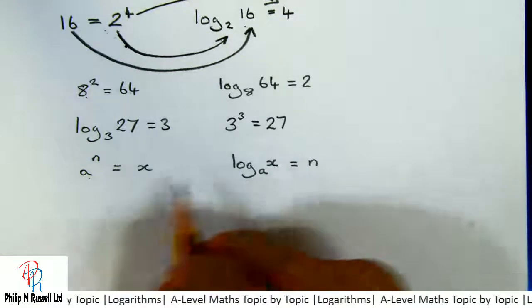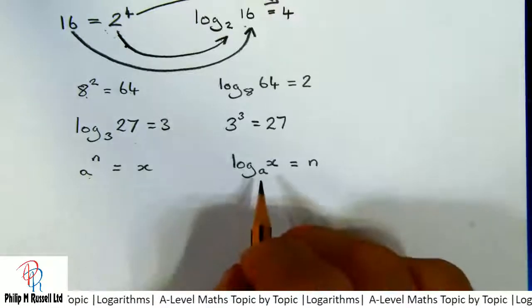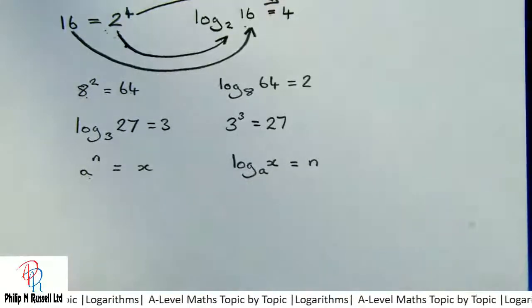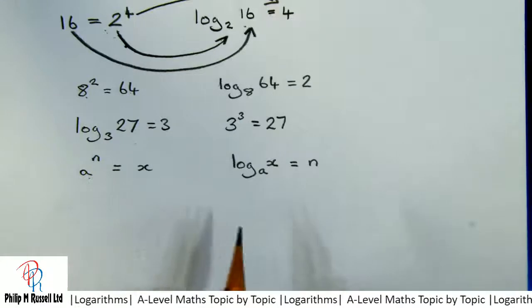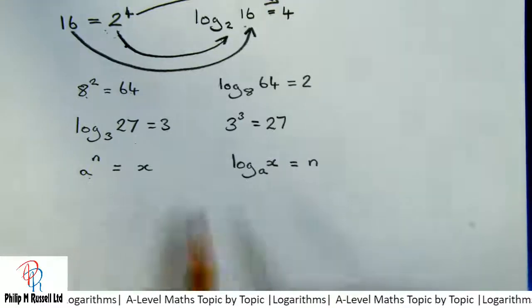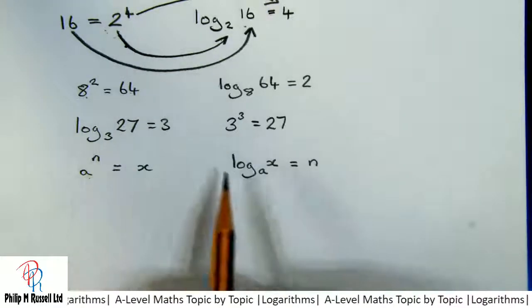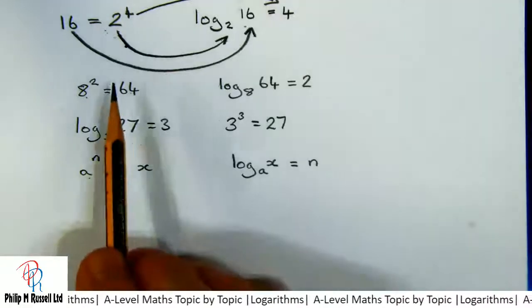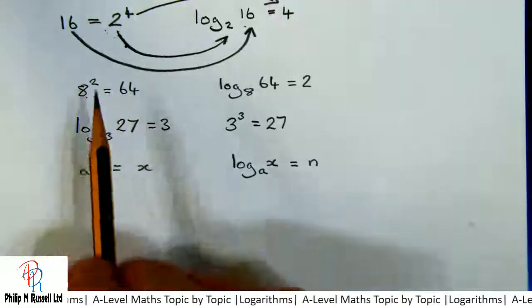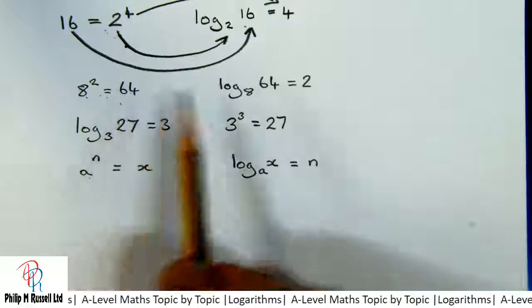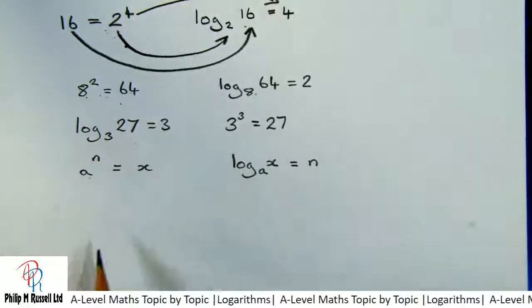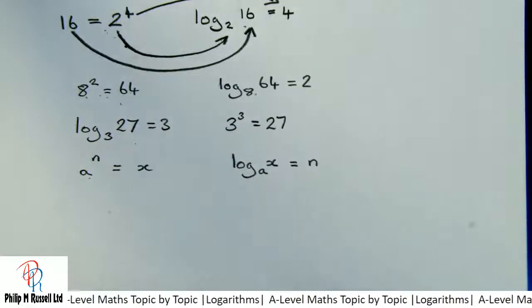And we just write these down, and you've got to be very comfortable with just converting one to the other. What I normally would do with students now is give them lots of these and ask them to write them in the opposite form so that you can just do it.